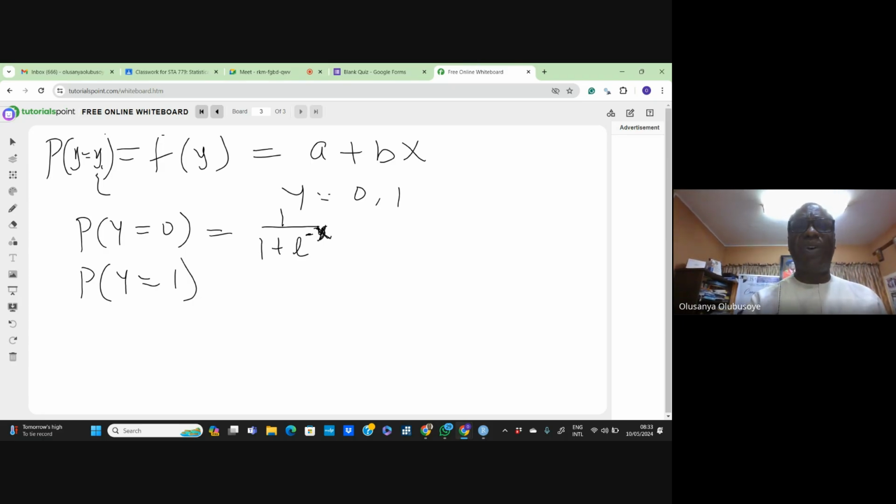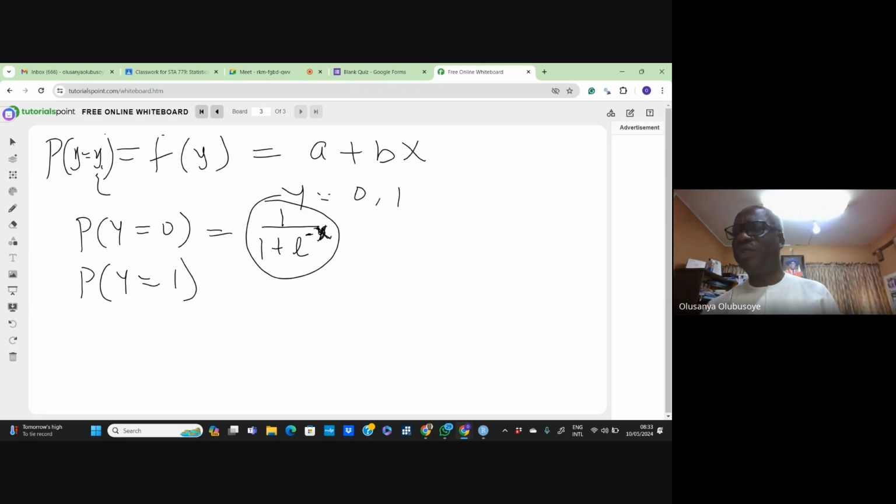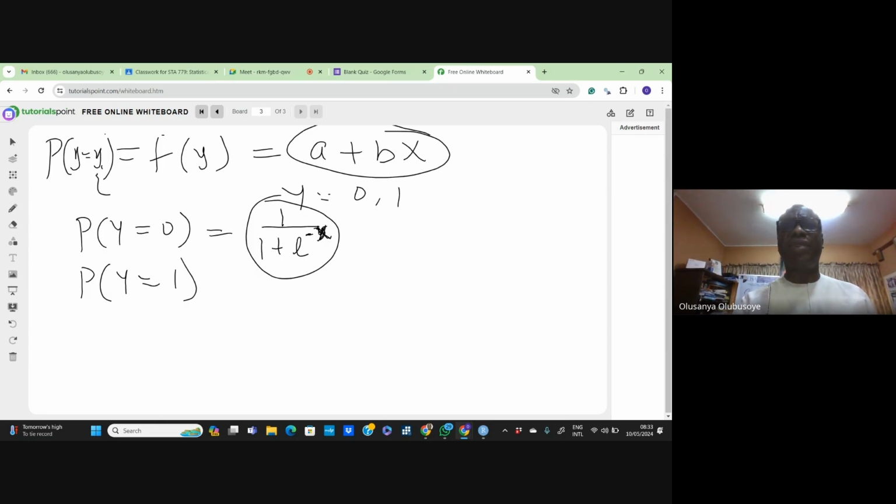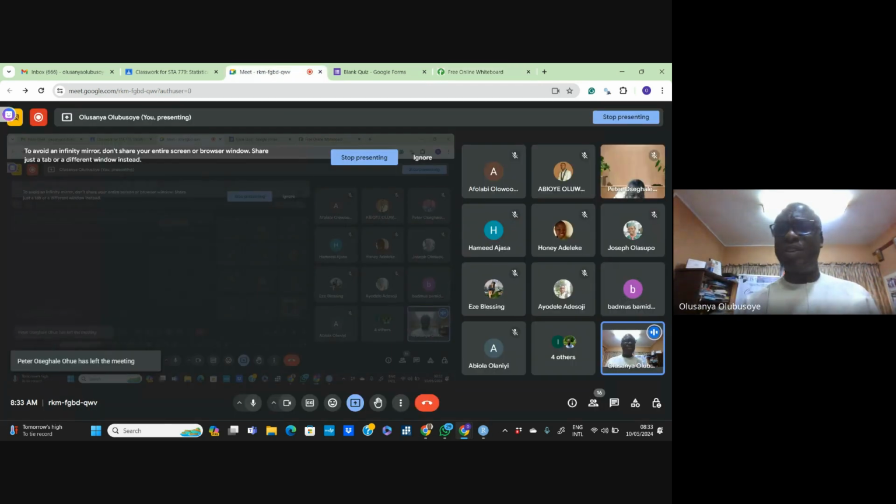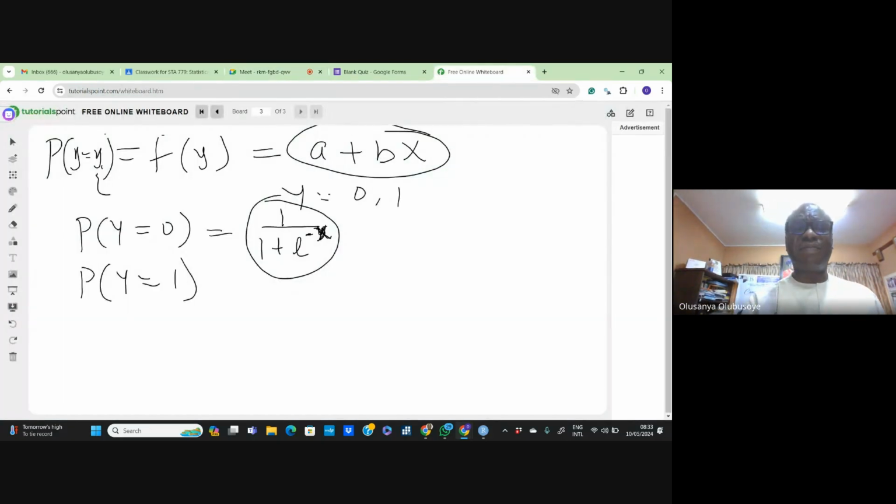So this is the general expression for a logistic function, just as this is the expression for a linear function. Okay. So this is the expression for the logistic function.